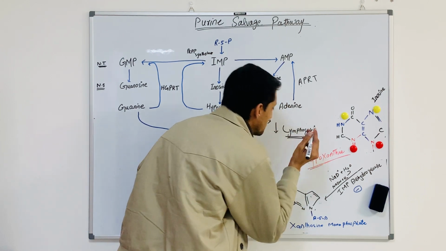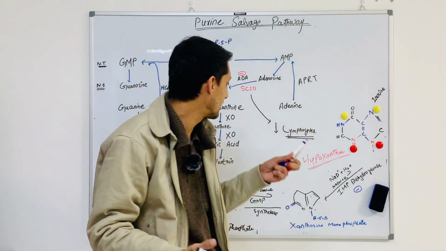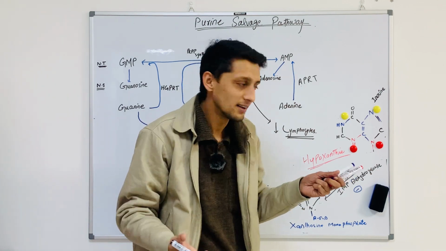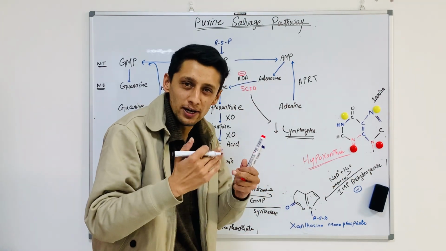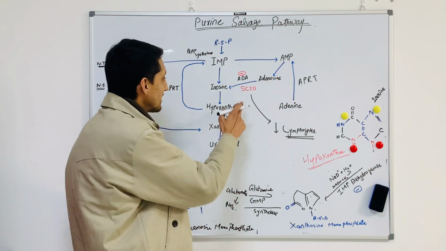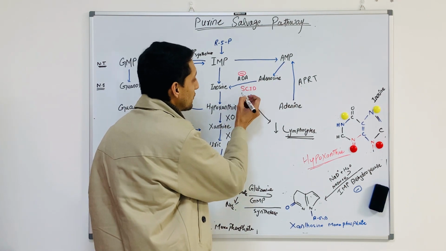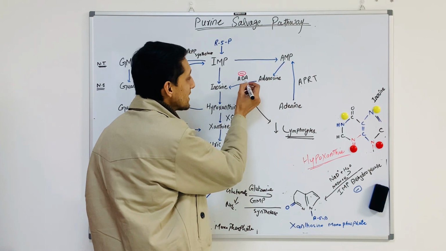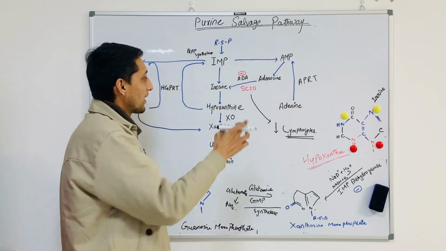Decreased lymphocytes means low immunity, because there are no lymphocytes, B and T cells. So the immunity will be decreased. So this is the problem, that is SCID, severe combined immunodeficiency. ADA is inhibited, there is no ADA actually.